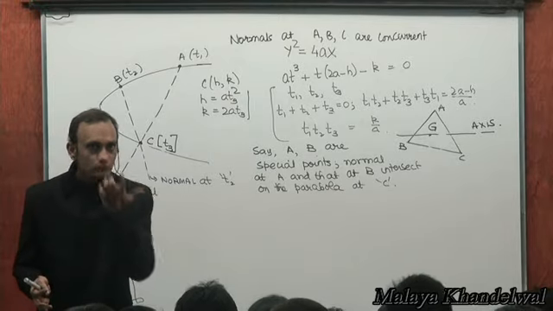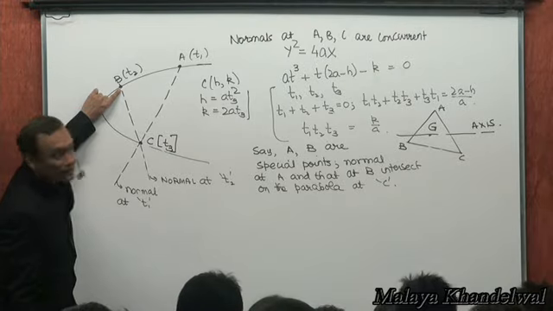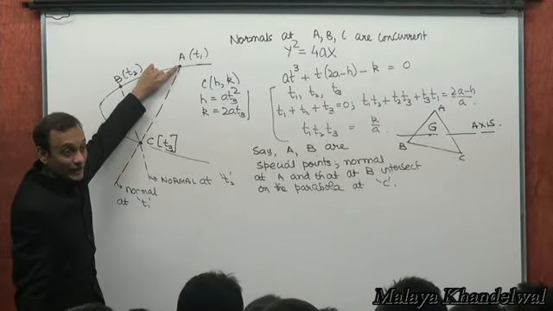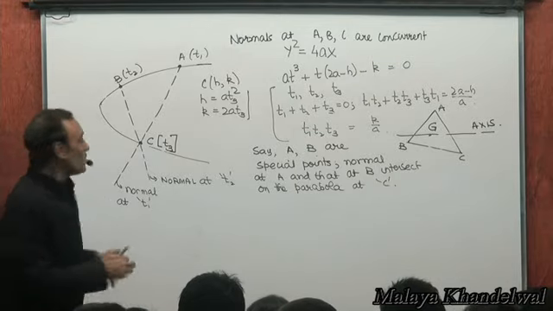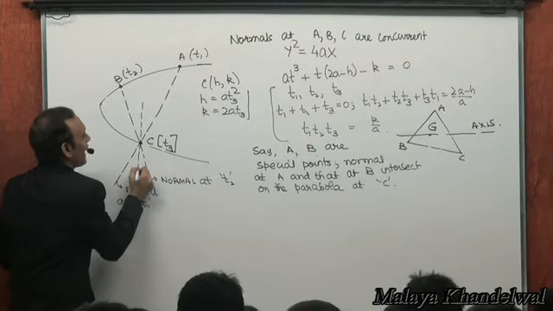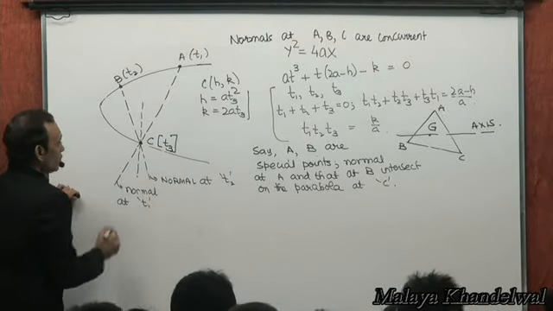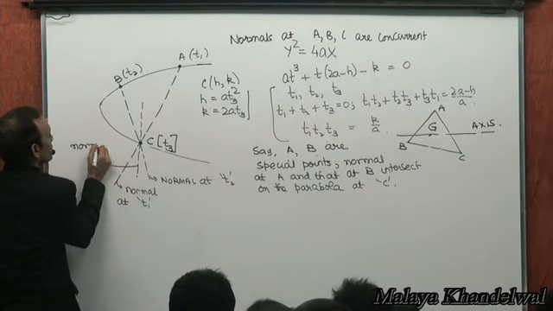Right? So, from C, I could have drawn a normal at B. From C, I could have drawn a normal at A. And from C, I could have drawn a normal at C. How? Like this, right? At C. From C, I could have drawn a normal at C. Yes or no? This is a normal at T3.